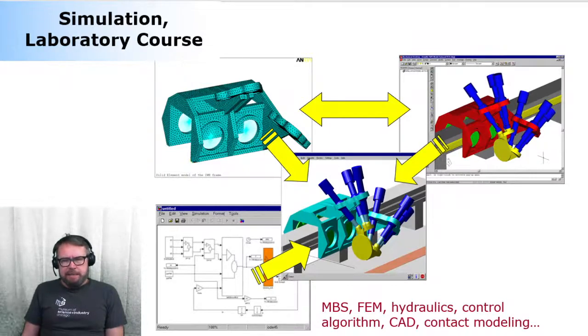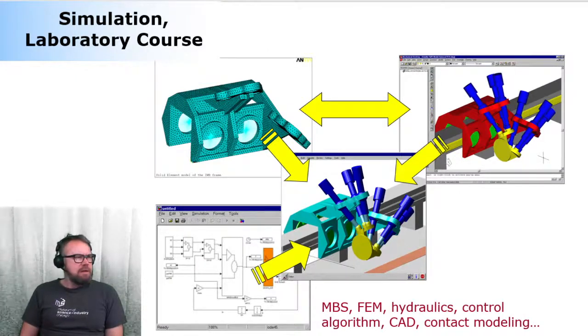So, the most important thing: co-simulation or coupled simulation. Sometimes, a bit confusingly, I call this coupled simulation, but what I mean is co-simulation, where information is transferred from one discipline to another. That's, by the way, very much in fashion at the moment.